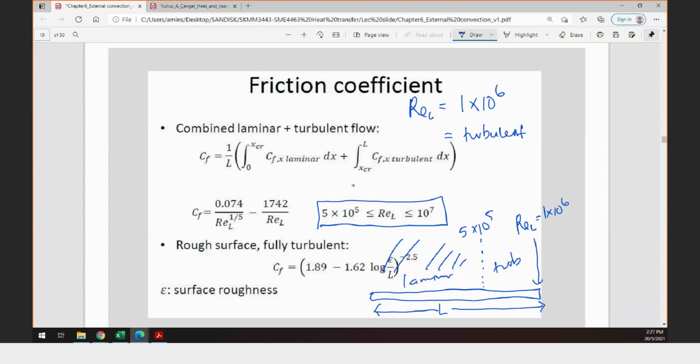So when you calculate the overall friction, you need to consider the laminar terms and the turbulent terms. That's why we have these two terms. One is considering the laminar, another is considering the turbulent. Okay, this is only for the friction coefficient. It is slightly different for the heat transfer.